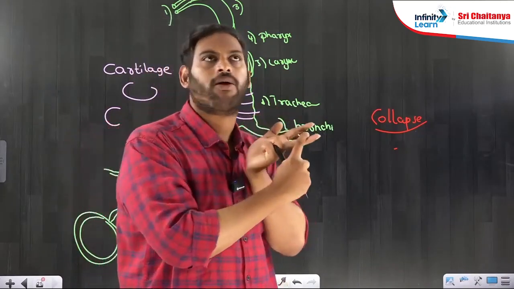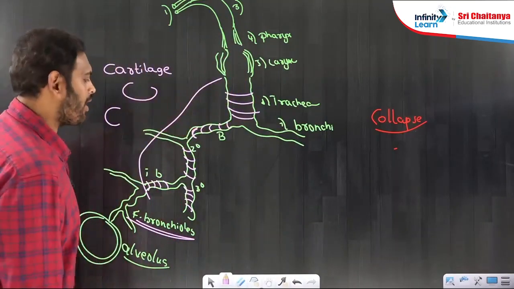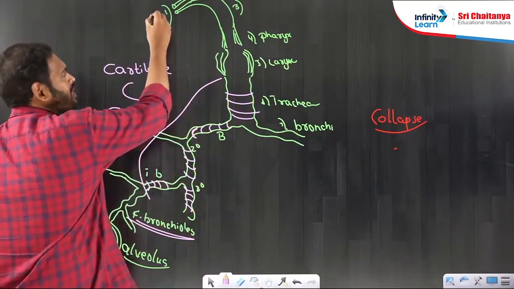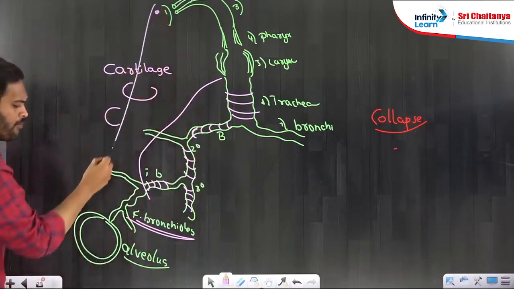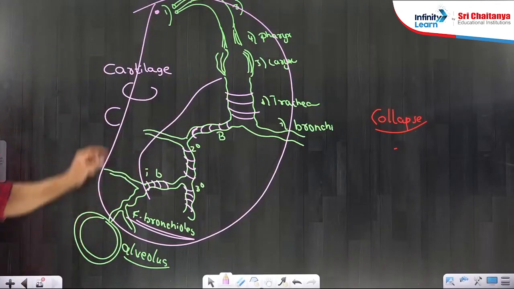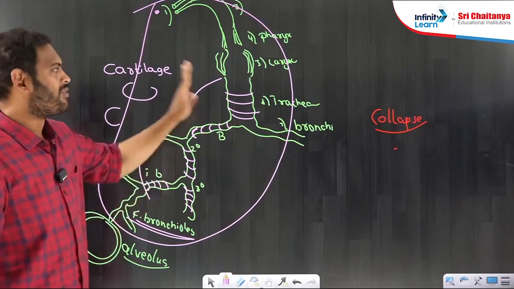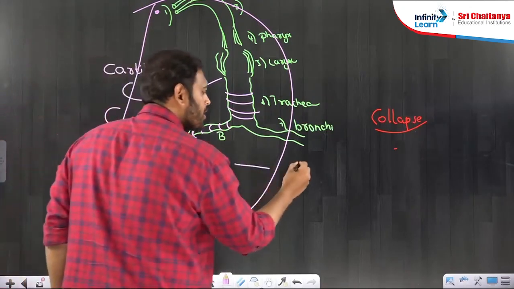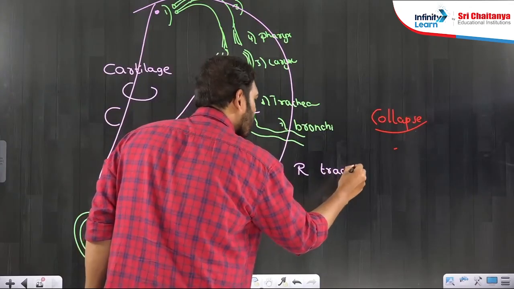These are the 3 things done by your tract. Guys, from external nostrils till the final bronchioles, this entire part is actually referred to as the respiratory tract. Tract means pathway.